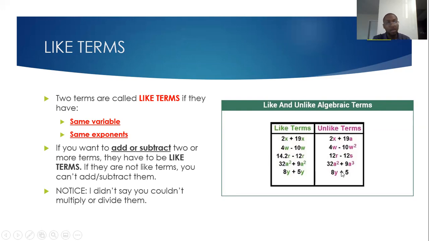Now, I definitely can't do this. This is something students love doing. 8y plus 5, students love adding together 8y plus 5. You can't do it. Even though you really want to, you cannot add 8y plus 5. You can add 8y plus 5y. That's perfectly acceptable.